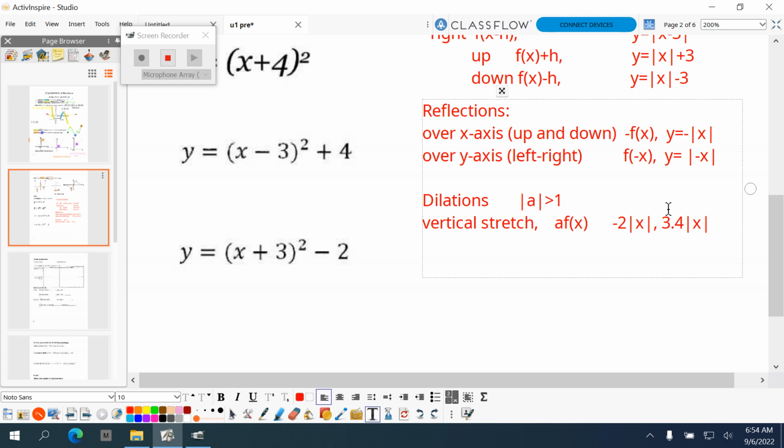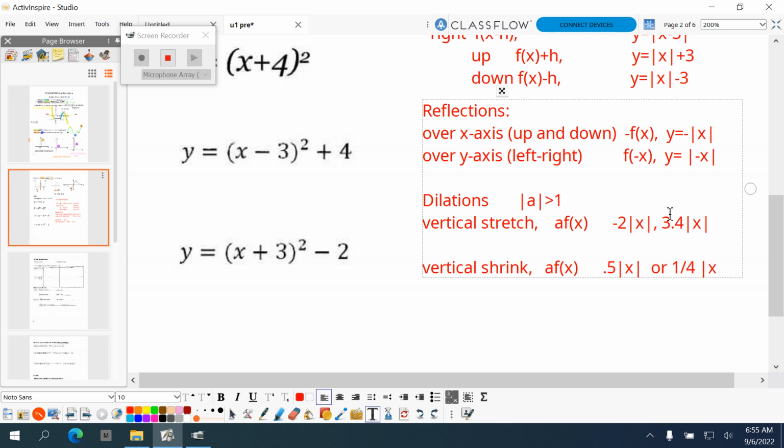So a vertical shrinking, same thing, a times f of x. And here, the absolute value of my number is less than 1. So like 0.5 times absolute value of x, or 1/4 times absolute value of x.